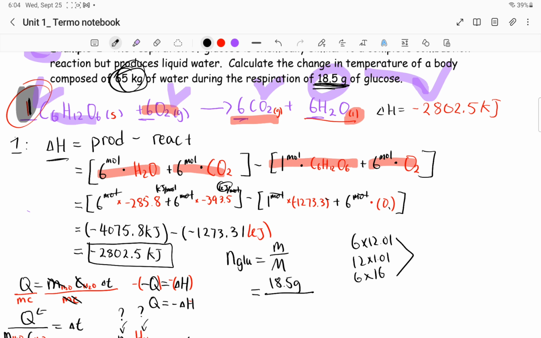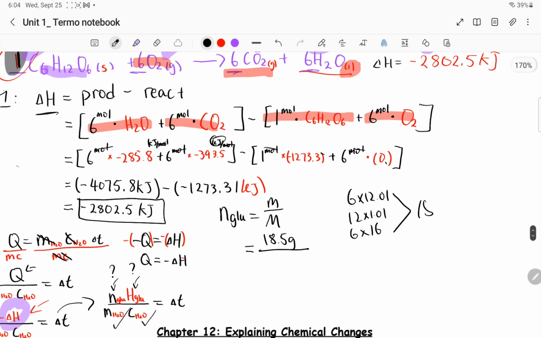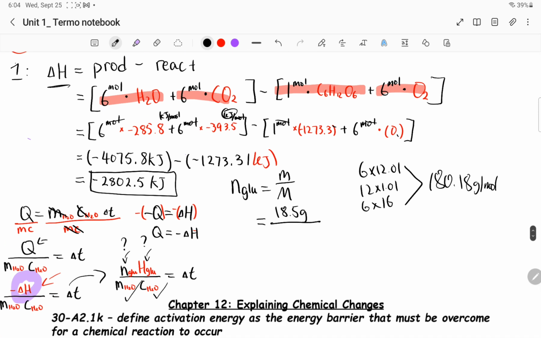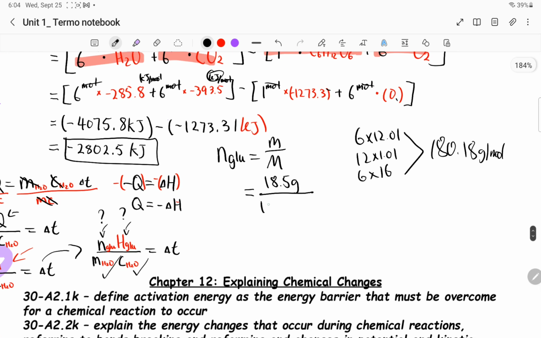6 times 12.01 plus 12 times 1.01 plus 6 times 16. So it's 180.18 grams per mole. All right. So that means that number at the bottom is 180.18 grams per mole.